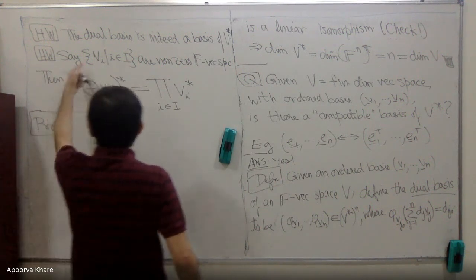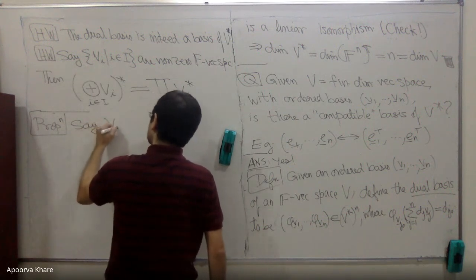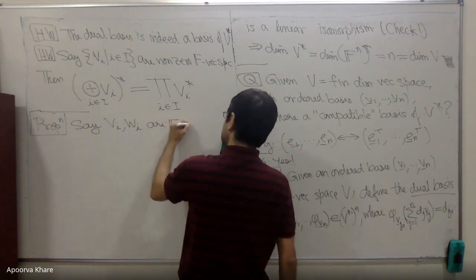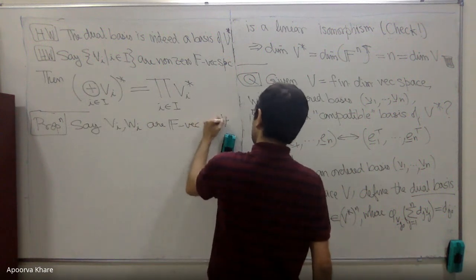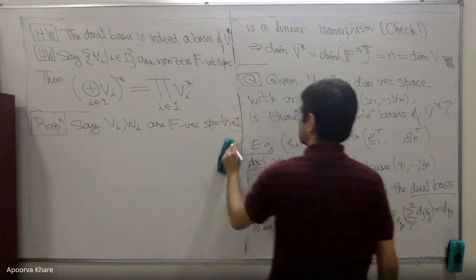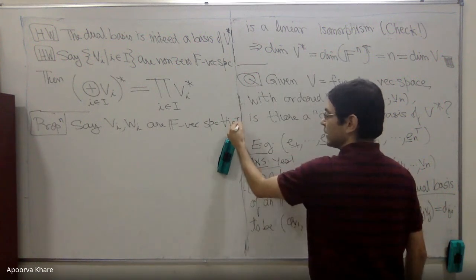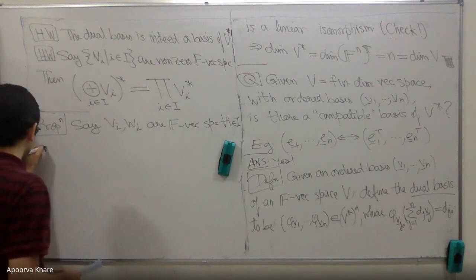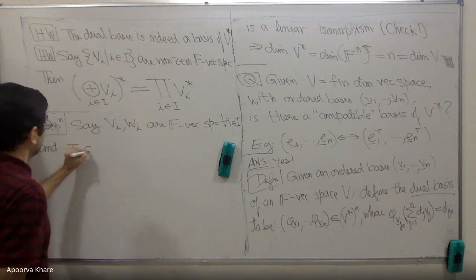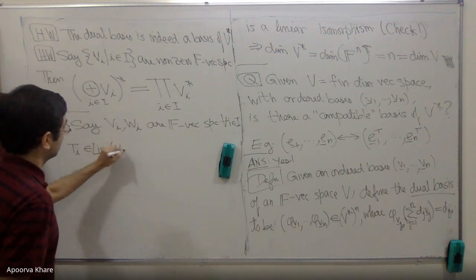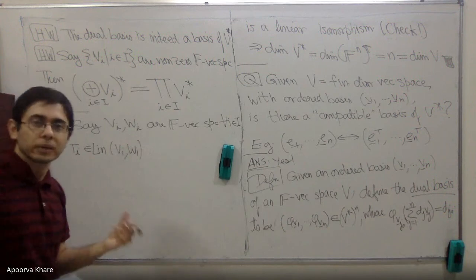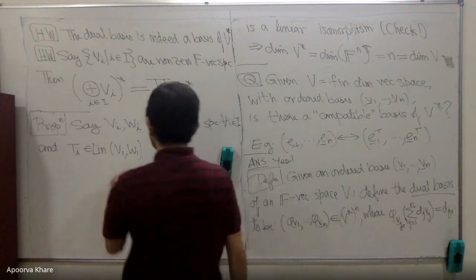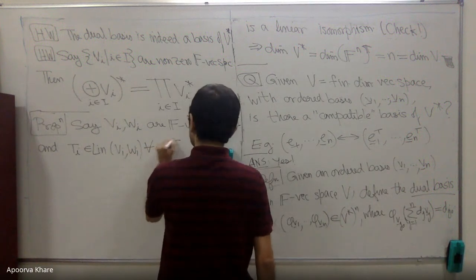Anyway, suppose again, say Vi and Wi are F vector spaces for all i in I. As usual, it's a possibly infinite collection of vector spaces. And suppose I have maps Ti belonging to lin Vi to Wi. Then the nice property about products is that you can combine all these maps and get a map for all i.